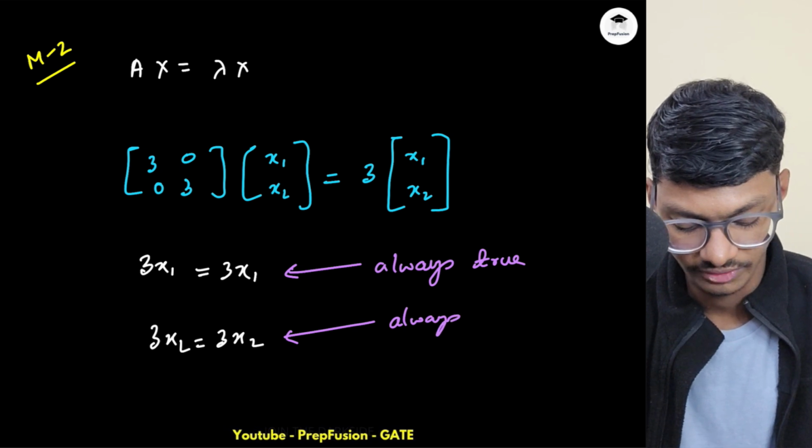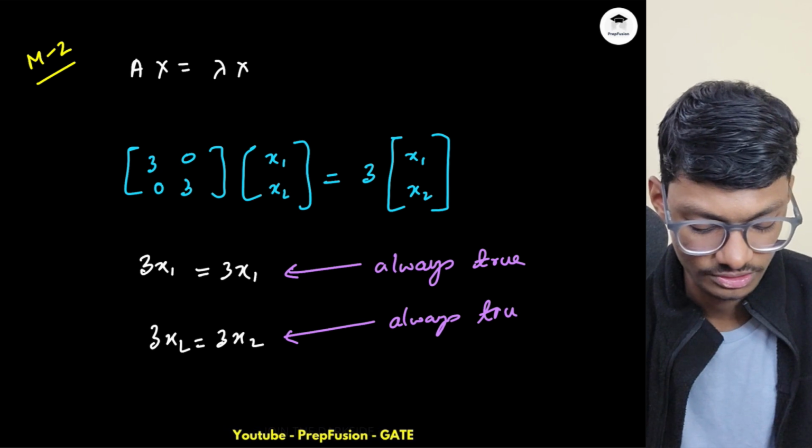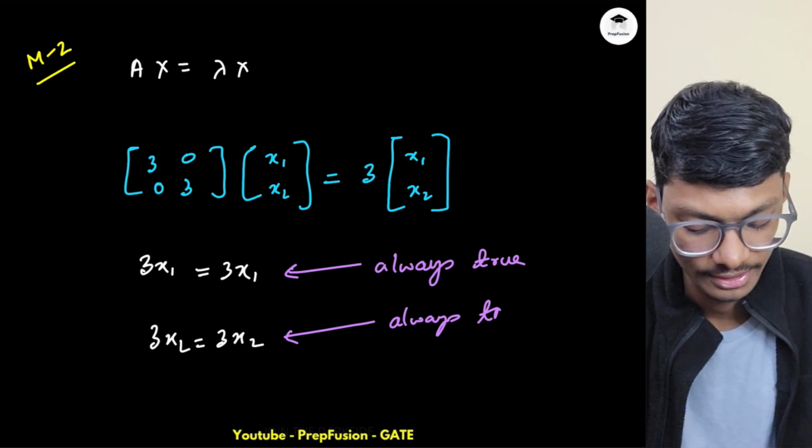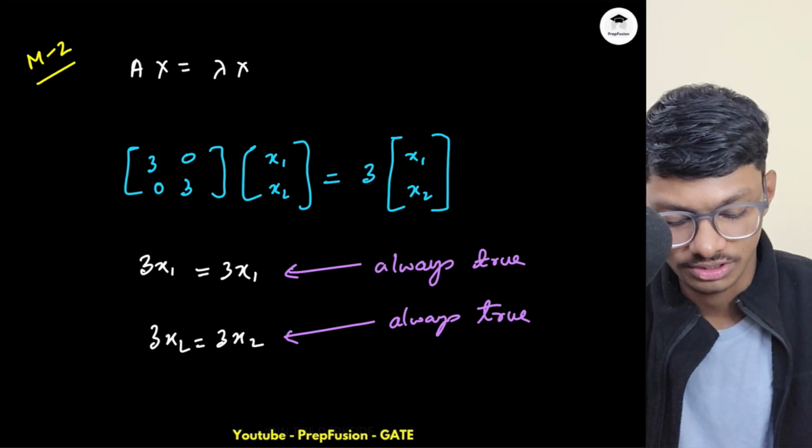If x2 is not 0, 3 equals 3, always true, and if x2 is 0, then 0 equals 0. So I am free to choose x1 and x2 to be anything.